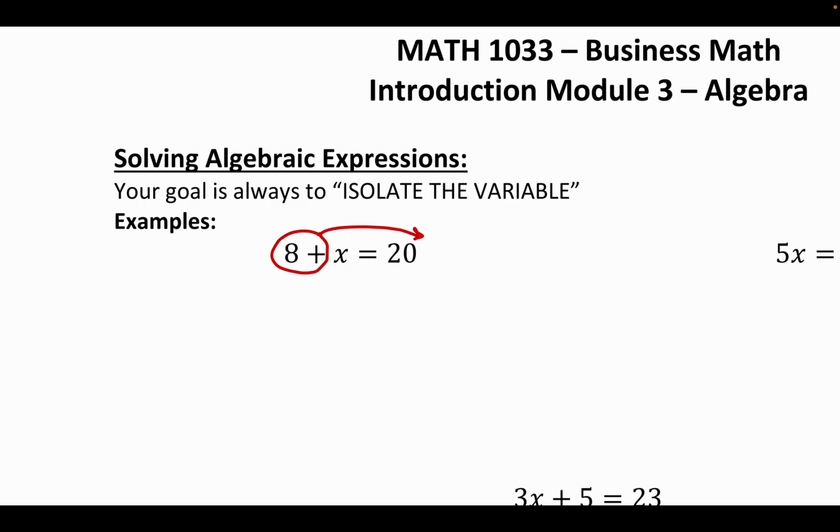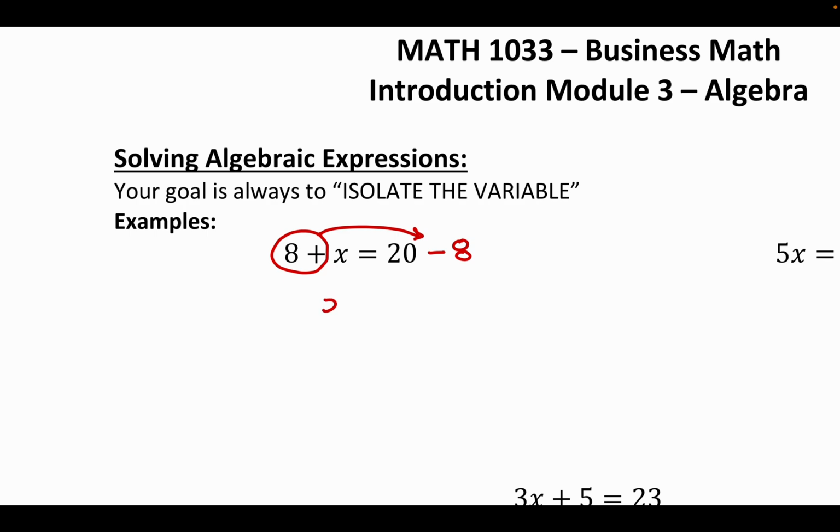And with this way of thinking about rearranging expressions, when you send something across the equal sign, as soon as it crosses that equal sign, it becomes the opposite operation. So right now we're adding. That means when we cross the equal sign, we're going to be subtracting our number 8.